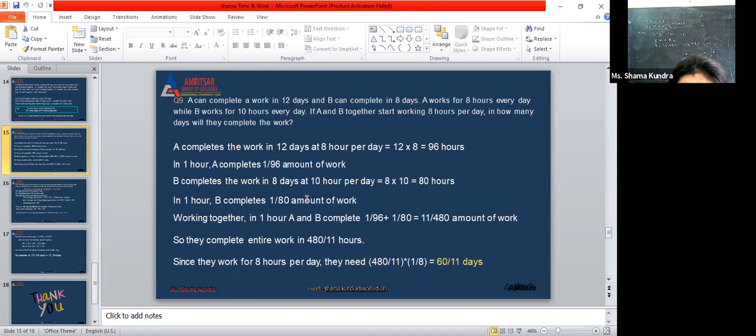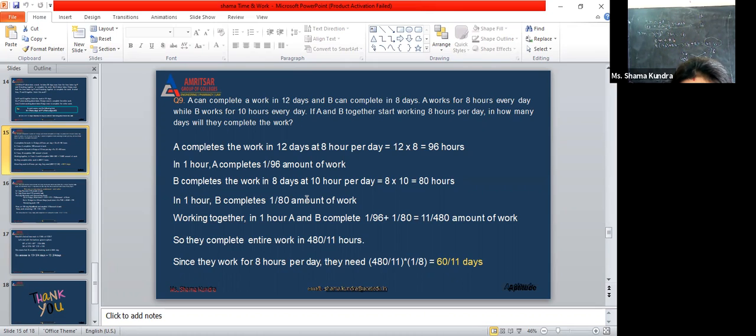If they have asked the time taken by A and B working together to complete the entire work, and every day they work only for 8 hours, see, if they ask how many hours A and B take to complete the entire work, 96 into 80 upon 176 hours will be the answer. But they have asked how many days.